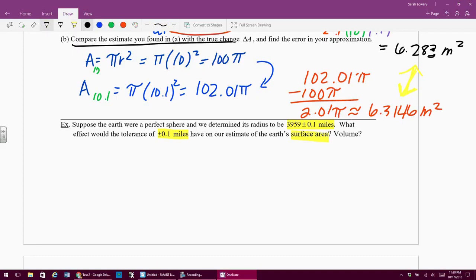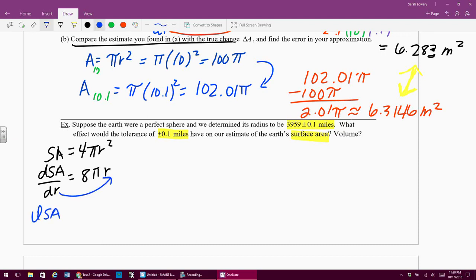So starting with surface area of a sphere is 4 pi r squared. If I take the derivative of surface area with respect to r, I'm going to get 8 pi r. I'm going to multiply my dr to the other side.